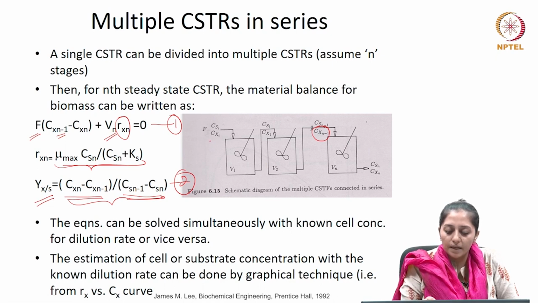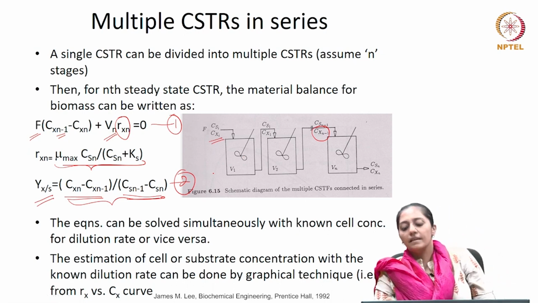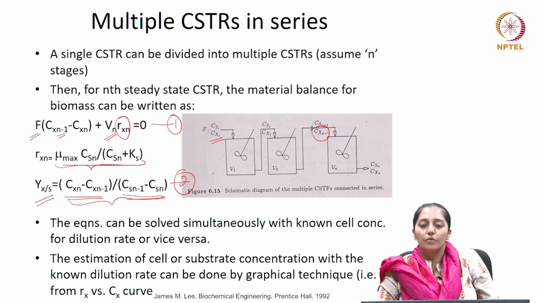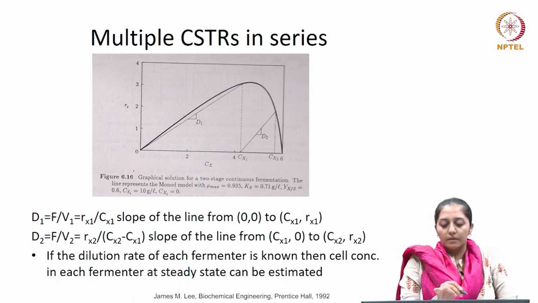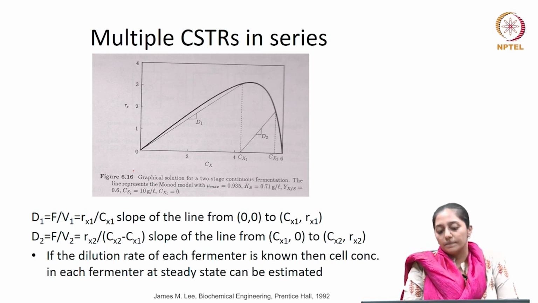Cxi and Csi are the inlet to the first reactor, and Csn and Cxn will be the outlet from the nth reactor here. Now, for one CSTR, they have shown with this dark line the plot of how the biomass formation rate will change.